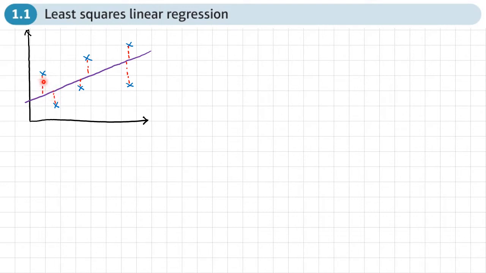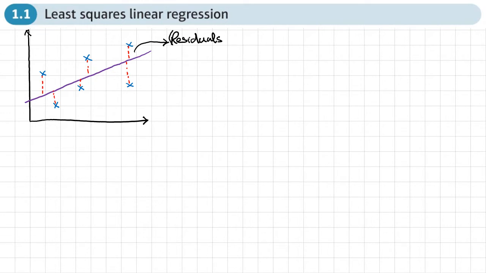Basically, a residual is what's left over. So what's the distance between each point and that line that I'm trying to find? So these are called residuals. Now, some of these residuals are positive, the ones above the line. Some of these residuals are negative. Now, if I were just to add all of these residuals together, I would end up with 0.